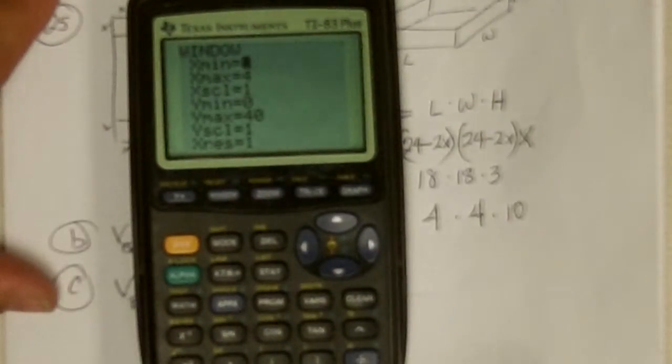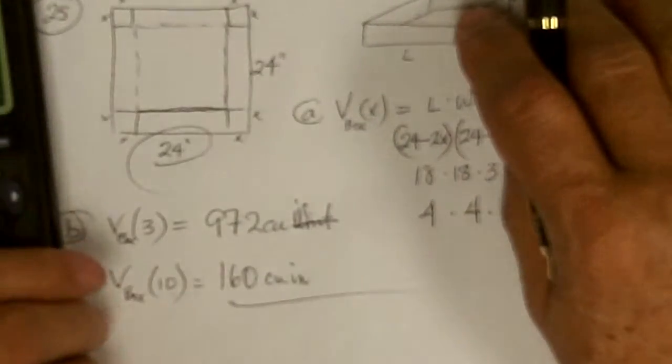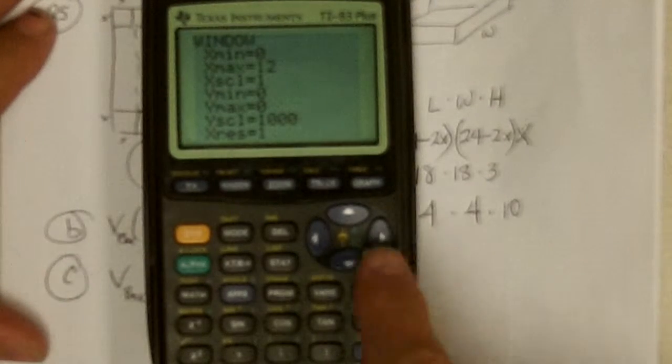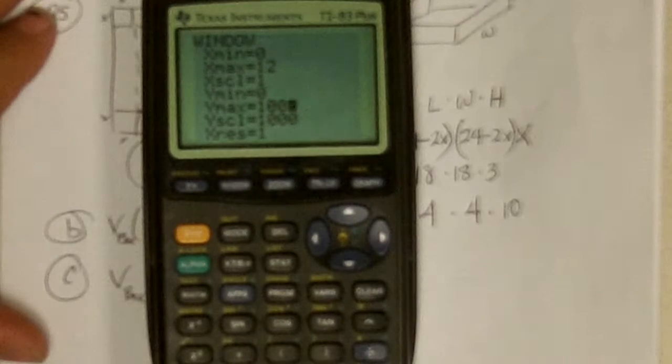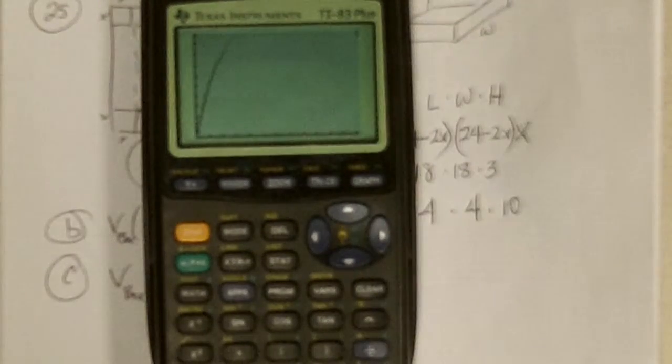So I'll set the window from 0 to 12. And y is going to be somewhere between 0 and, if it was 10 by 10 by 10, it'd be 1,000. So I'll put 1,000, and mark it every 100 on the graph. And now let's see what we get for a graph.